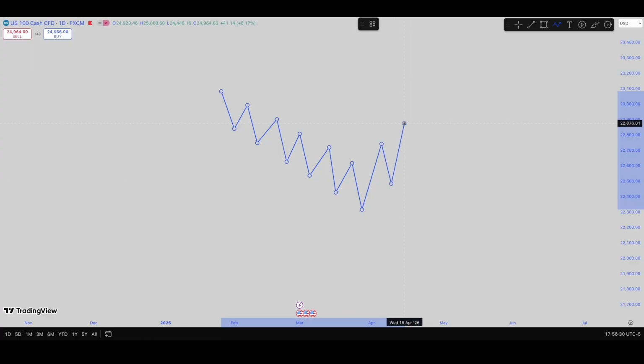expand, retrace, expand, retrace, expand, right? So now we see transition, right, from an uptrend into a downtrend.